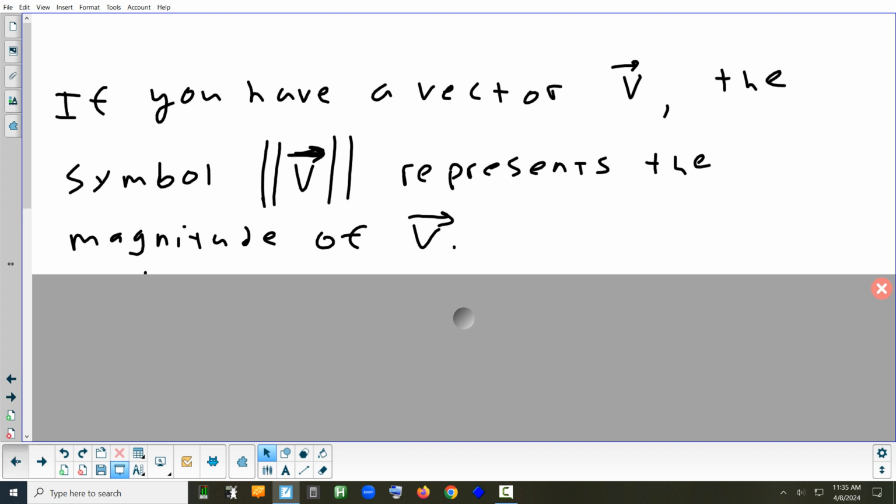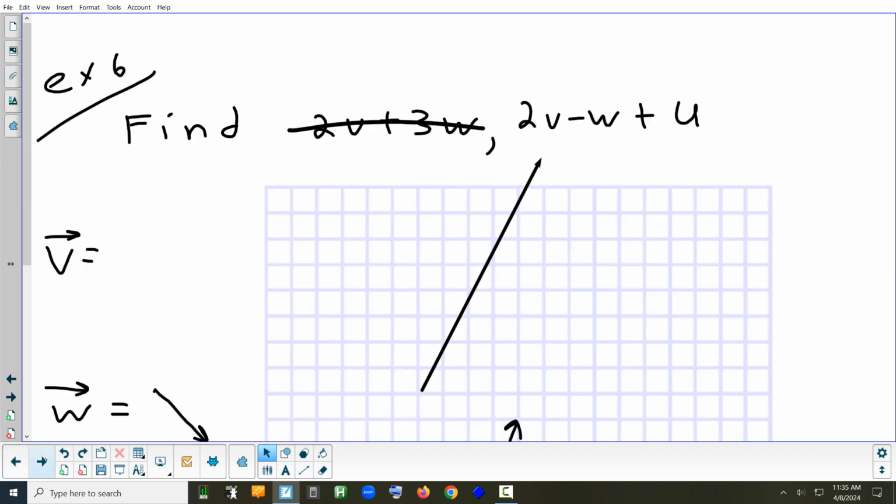We'll talk more about how to do it tomorrow, but the idea is you had a vector like that, and you want to find the length of it. You make it into a triangle, and then you do the Pythagorean theorem. You just need to know the horizontal and the vertical between the terminal and the initial points.